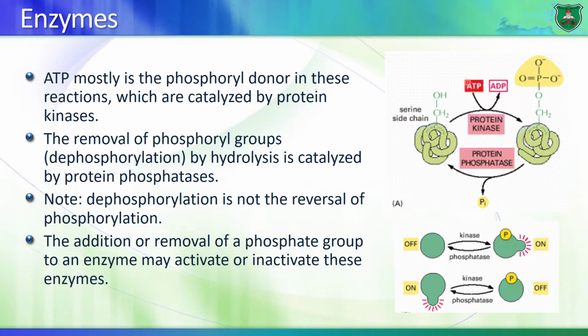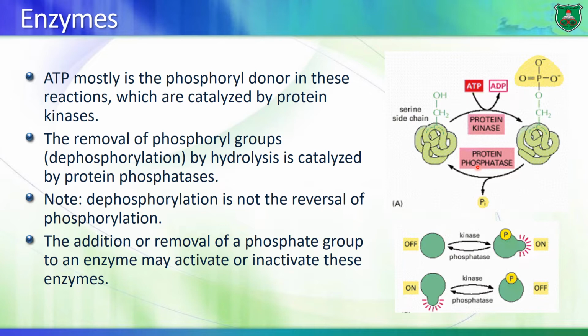ATP is the source of this phosphate group, and these kinases take this phosphate and add it on proteins. In order to remove these phosphate groups, we need enzymes known as phosphatases, protein phosphatases.